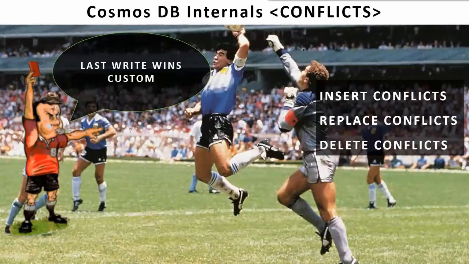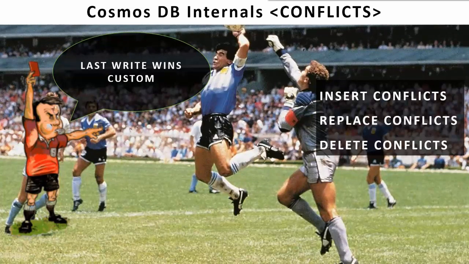So if that's the case, what you have to do here is pick the custom option. And when you pick the custom option, you need to create a stored procedure, and you can put all the logic which is going to merge this data. You can make it as complex as you like in that stored procedure.